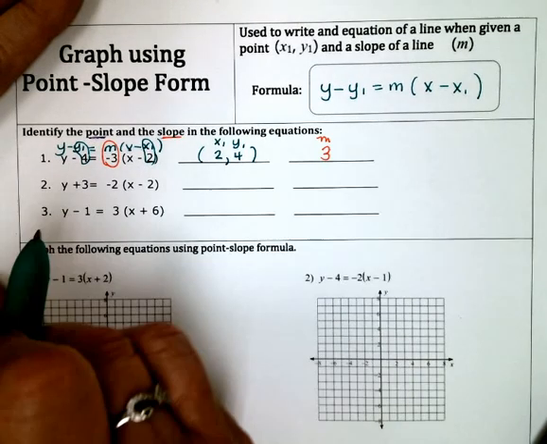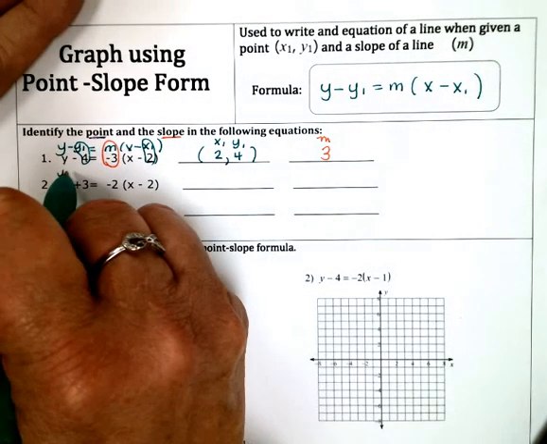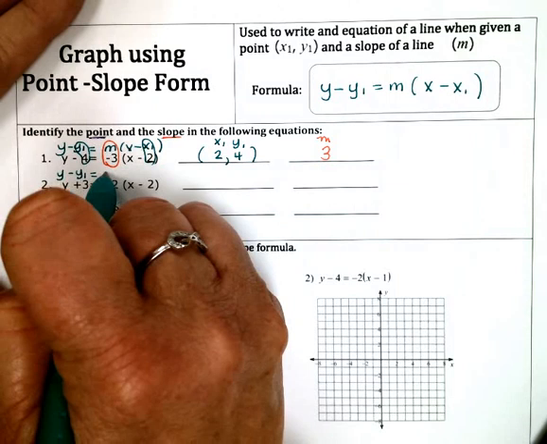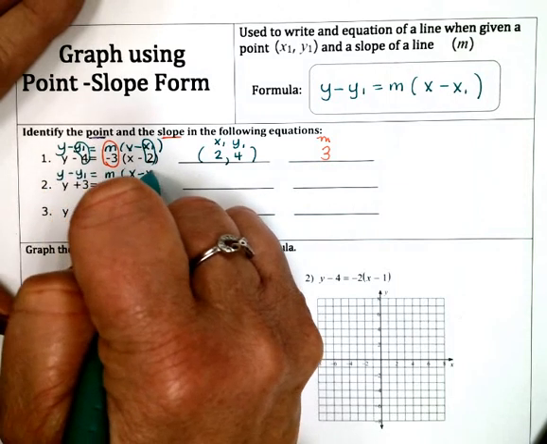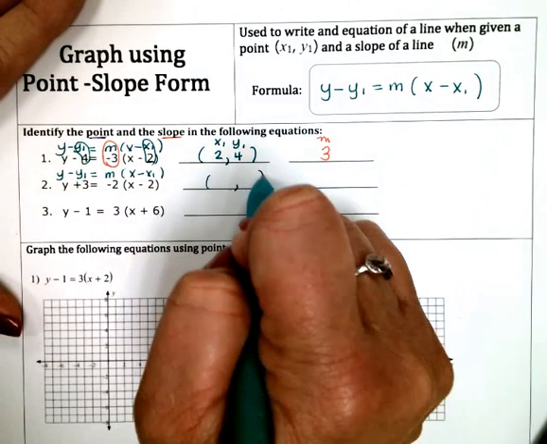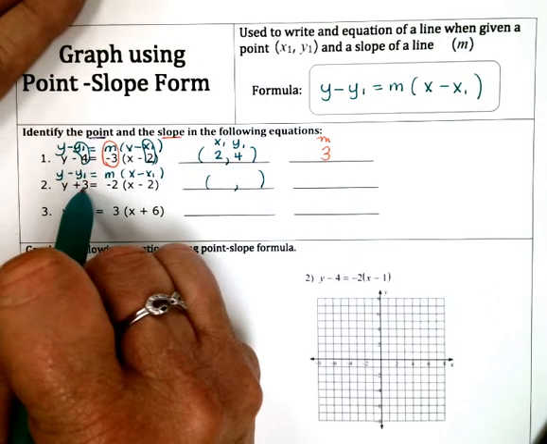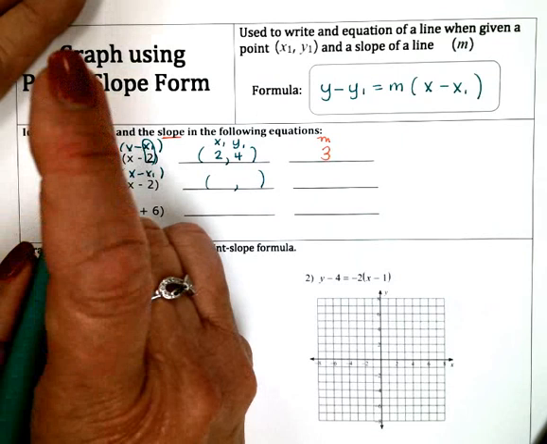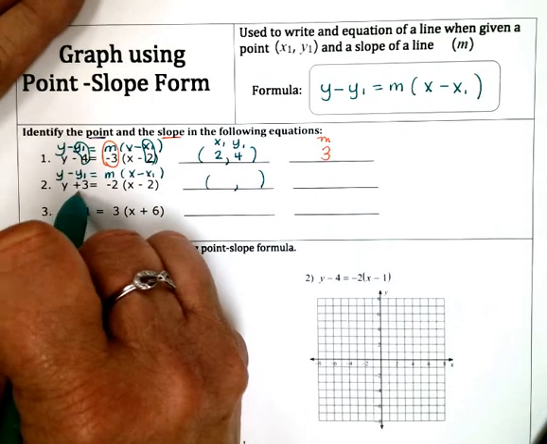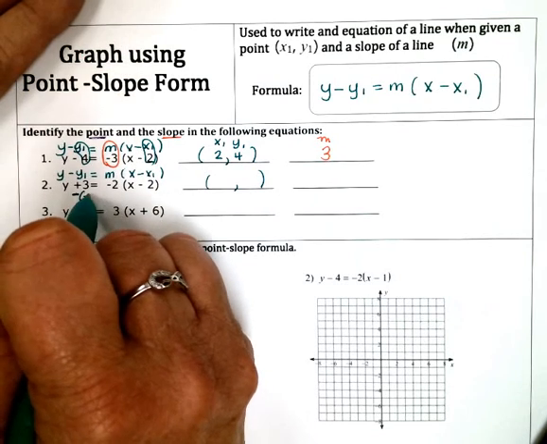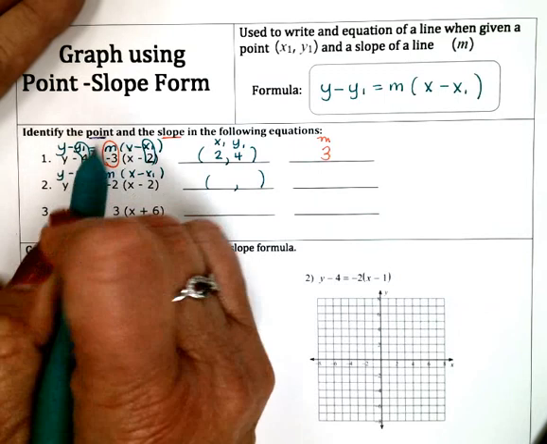In example 2, I have y minus y1 equals my slope times x minus x1. So again with my ordered pair, here I have plus 3. Well, we know that plus 3 comes from minus a negative 3, because two negatives make a positive.